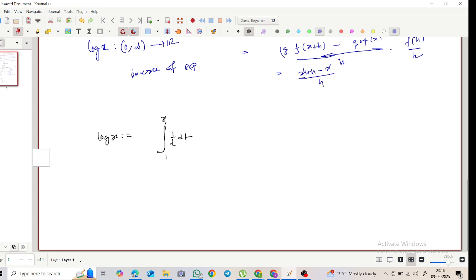Just a minute. So that will be e to the power log x. So this is one way to define it, and how to show the identity?